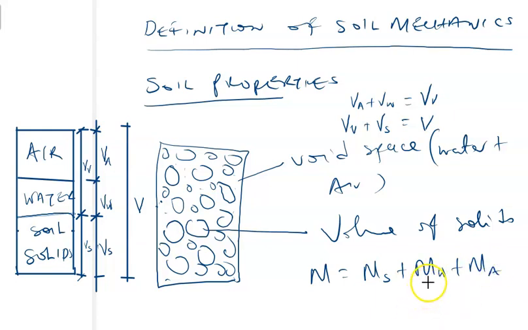So that is what we have here. We call all these constituents of soil. The next thing we need to look at now is to define some parameters like void ratio and porosity. So let's define them.